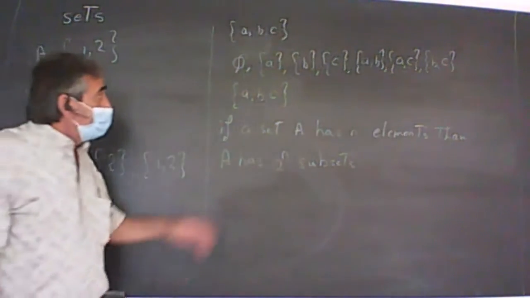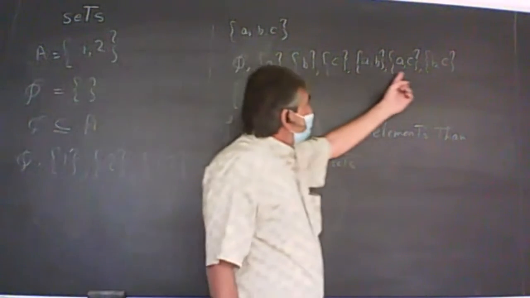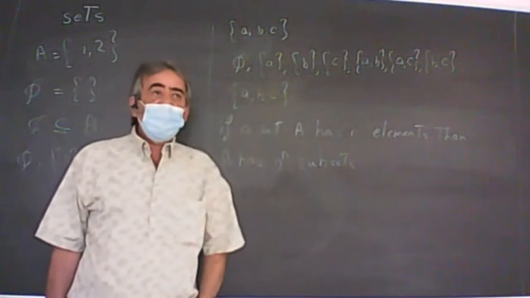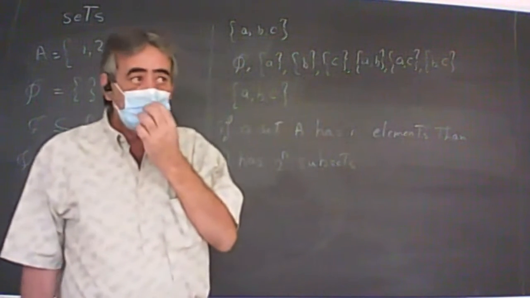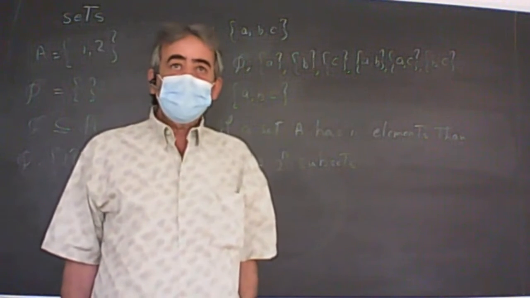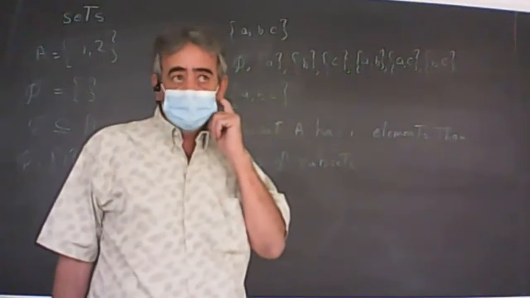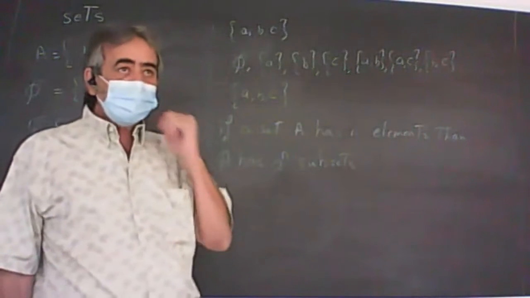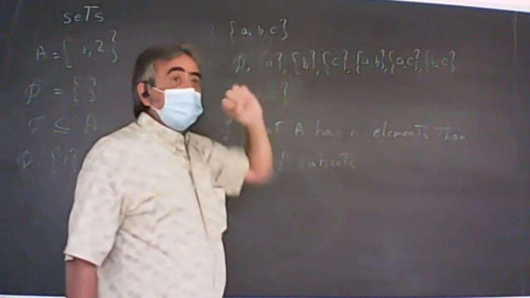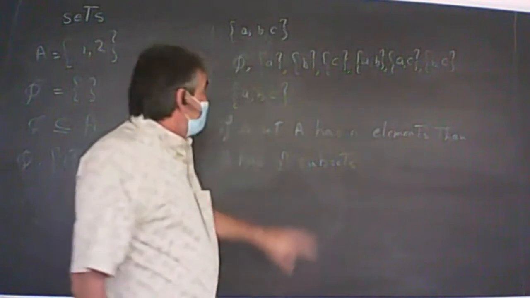Notice something. All the subsets we got are proper subsets except the last one. What did we say about proper subsets? A proper subset is a set inside that, but it's less in number.